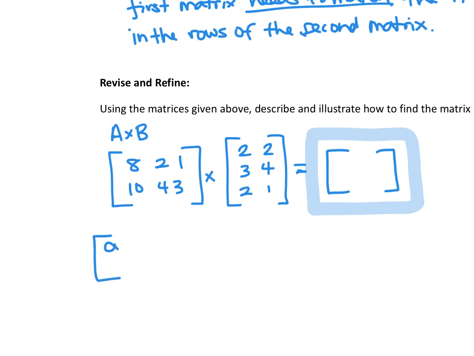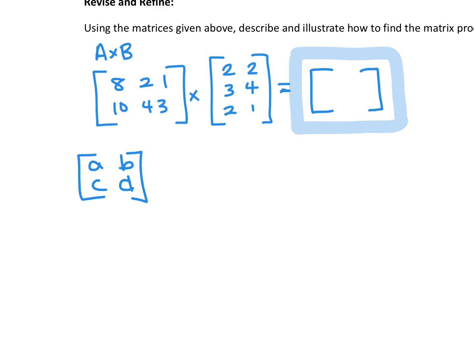It has an A, a B, a C, and a D. And we're going to show how to calculate each using these numbers. So to find A, it's going to be 8 times 2 plus 2 times 3 plus 1 times 2. So that is 16 plus 6 plus 2. So that is 24.